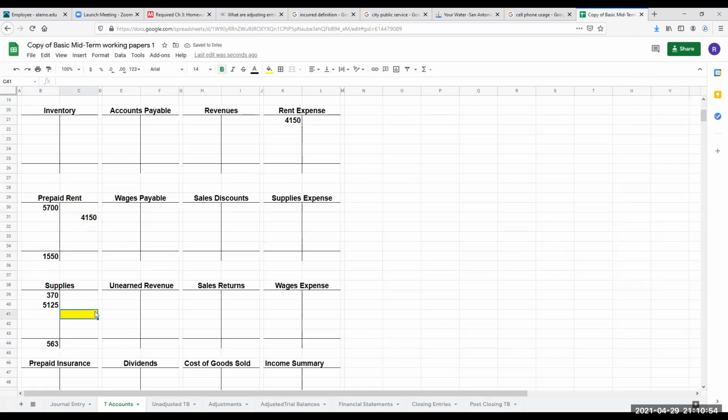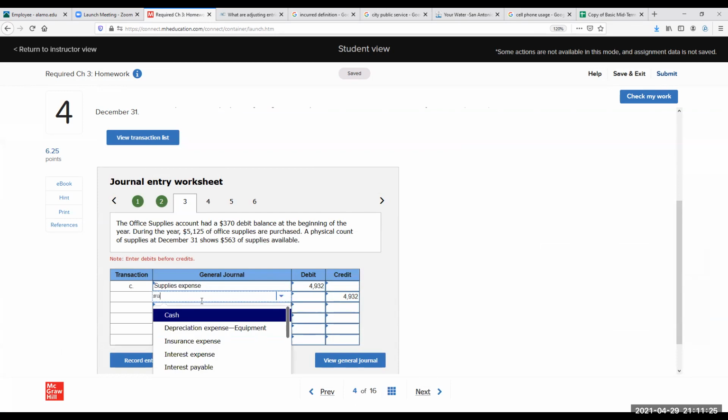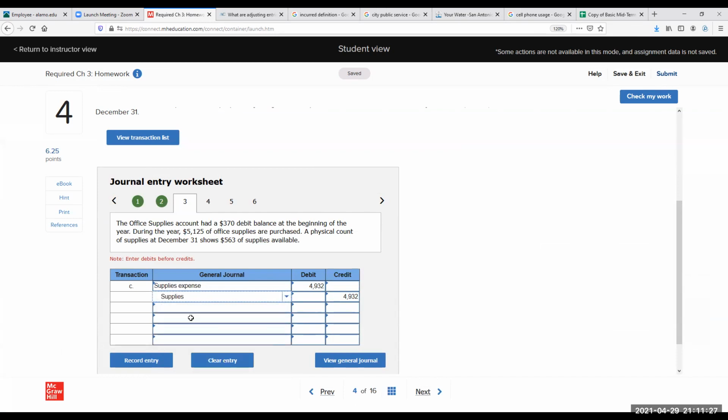So how much got used or gone? 370 plus 5125 is 5495 minus 563. 4932 is gone. And if it's gone, it got used, and that's the expense. 4932 is what your supplies gone. And what did they become? If they got used, they became a supplies expense, and the asset is going down.